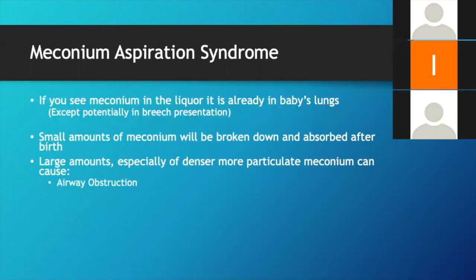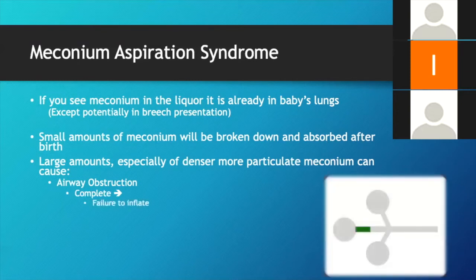First part is airway obstruction, because that's what we're always thinking about. When we think about meconium, we think there's something blocking the baby's lungs. Airway obstruction can be in one of many ways. Maybe complete, so that the baby's lungs are completely obstructed, in which case the baby gets delivered and it can't actually inflate the lungs at all, or whatever portion remains collapsed because it never inflated.